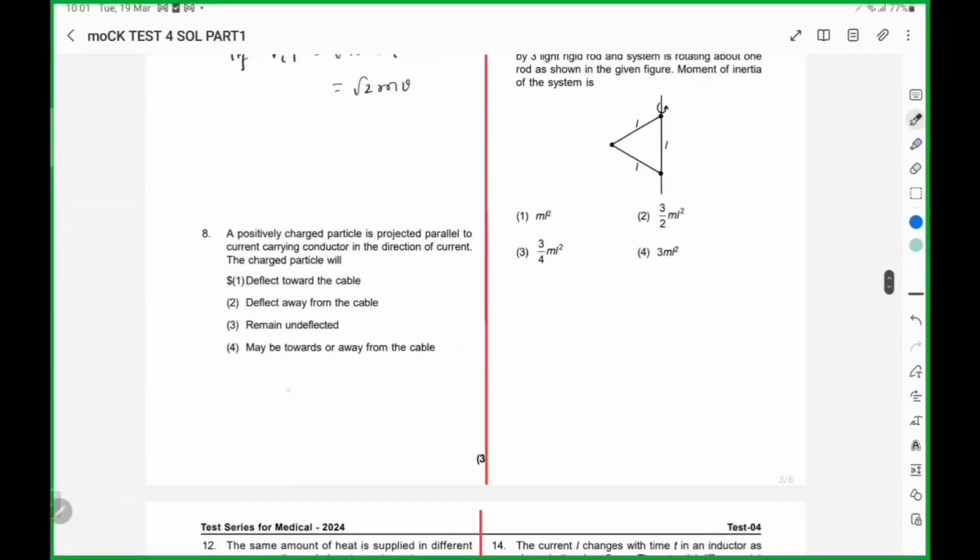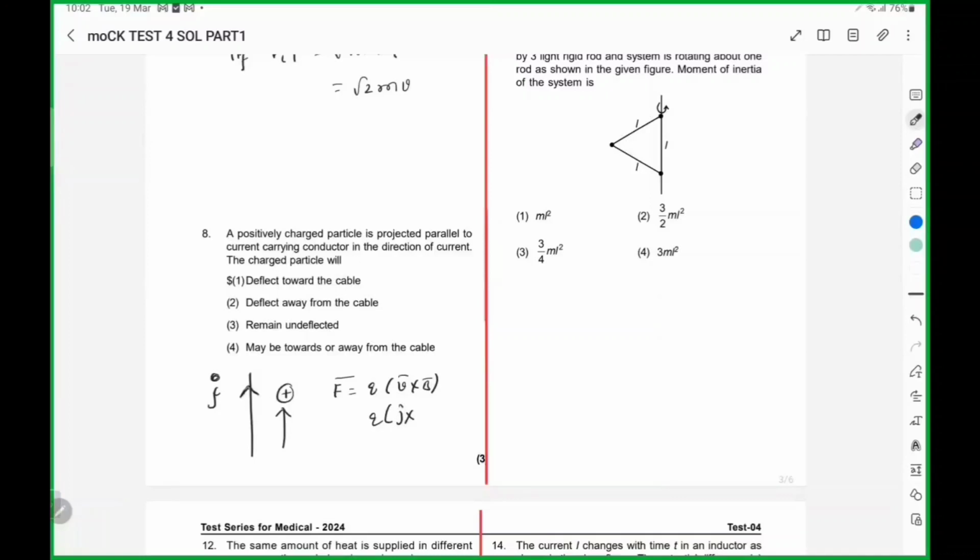A positively charged particle is projected parallel to the current carrying conductor in the direction of current. Force on the charged particle: let us consider this as along the y-axis, projected parallel.